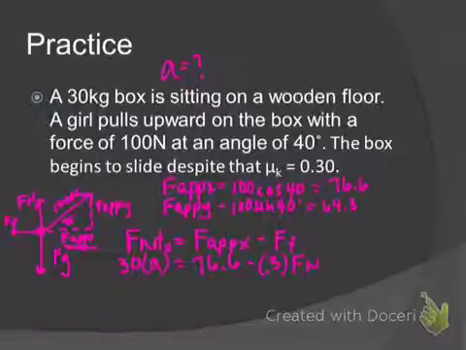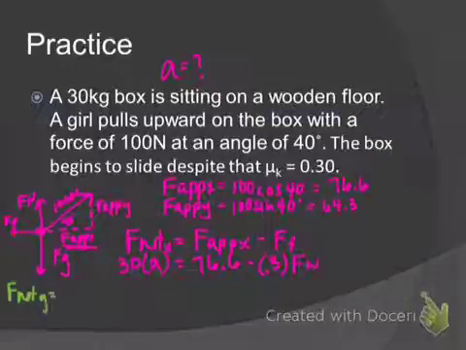So we have acceleration and we still have the normal force. We have the ability now to solve for the normal force. So let's do that. I'll do that in a different color so we don't get mixed up here. If I want to solve for the normal force, I'm going to look at my F net in the y direction.